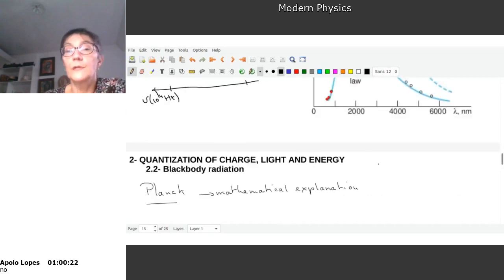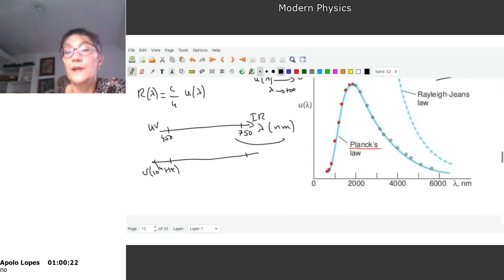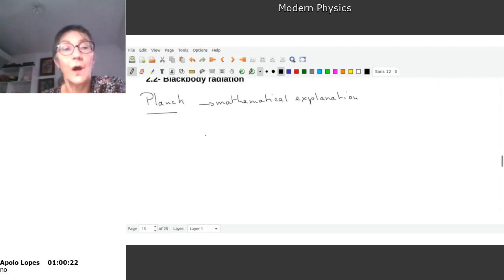So probably what he did was finding some function of lambda, u of lambda, adjusting the experimental curve.